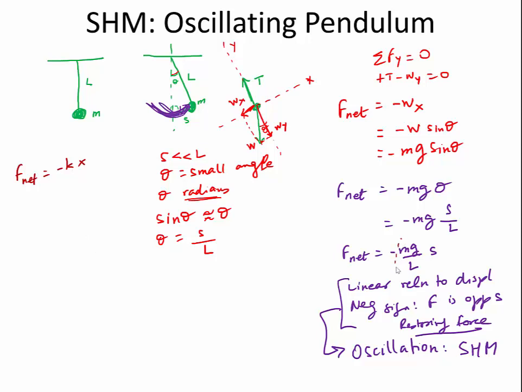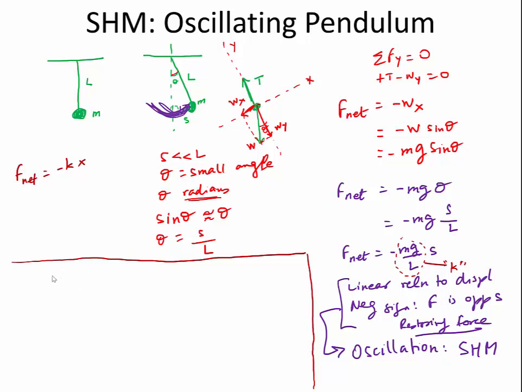So if we were drawing an analogy to the spring situation, this factor looks like the k, the spring constant for the pendulum. The reason I'm doing that is, given that we've done all the algebra for a spring, we can just use that now.